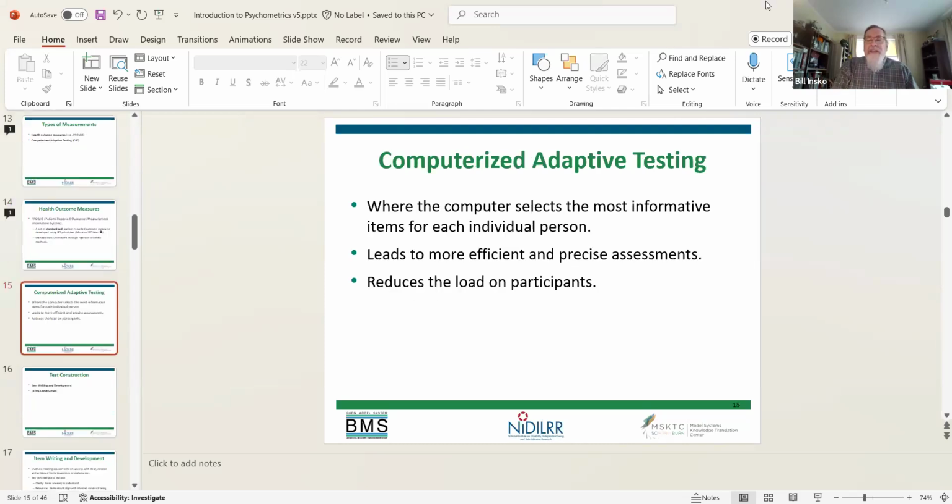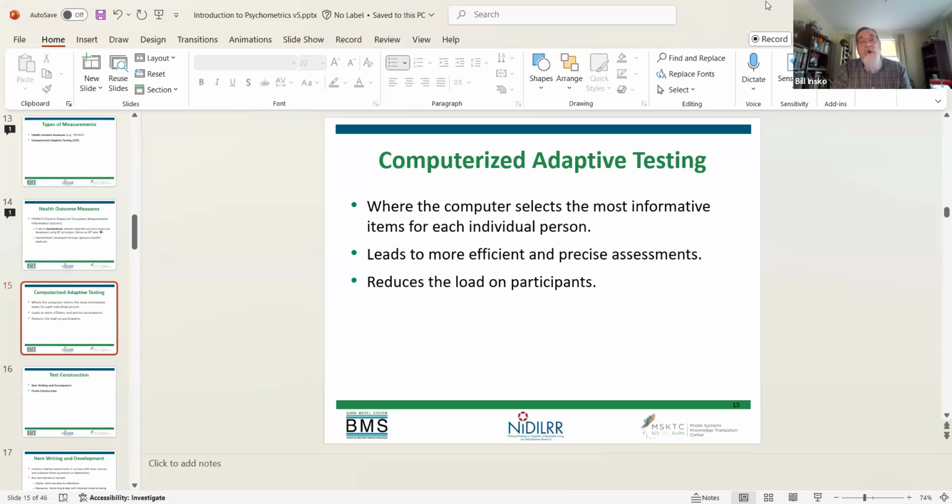Another thing that seems to be on the frontier here in health assessments is the use of computerized adaptive testing. It's where the computer selects the most informative items for each person. So this leads to more efficient, precise measurement, and more importantly, reduces the load on participants. I haven't been in this field that long, but there's always this concern that we're asking participants to do too much.